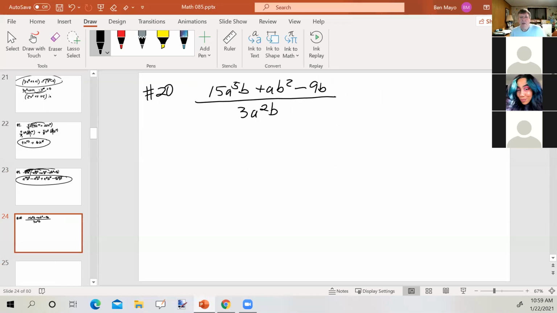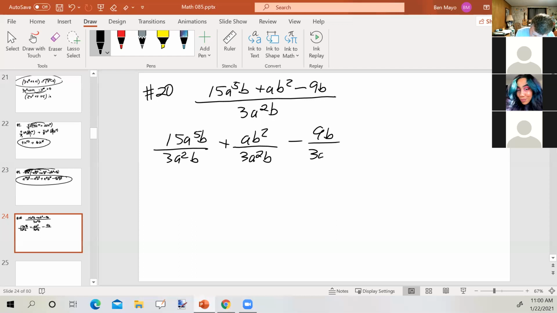Okay. So we have a polynomial divided by a monomial. We're going to take each term in the numerator and divide it by the term of the denominator. So we're going to have 15a to the 5th b over 3a squared b plus ab squared over 3a squared b minus 9b over 3a squared b.